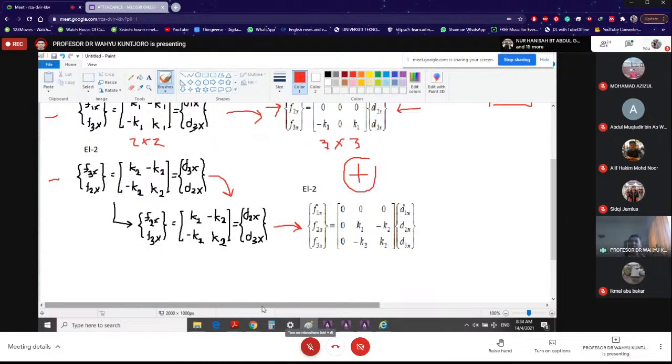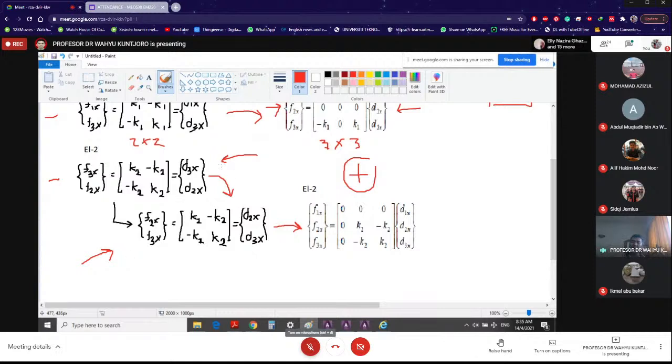What you need to do as a student is to try it. You have to try with the matrix algebra that you have learned. You have to prove that indeed this matrix, that matrix, and that matrix are the same.